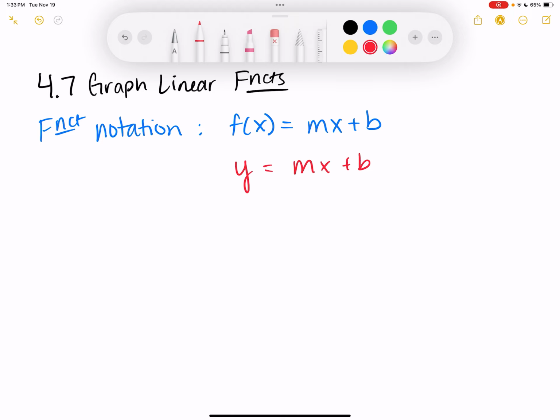Okay, close enough. So this would be the graph of the most basic parent function.